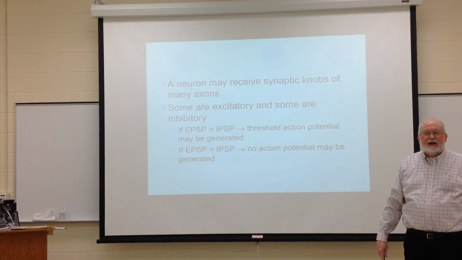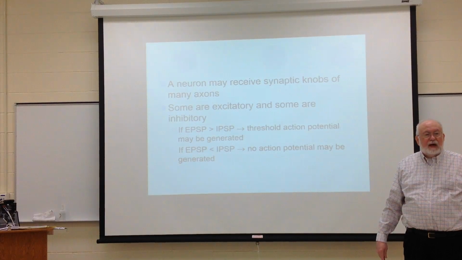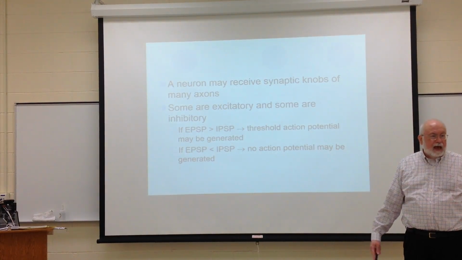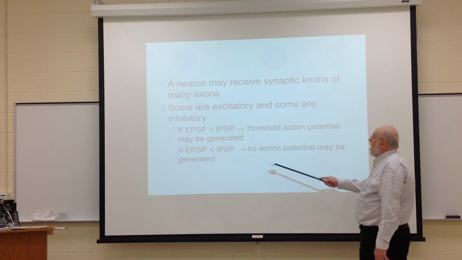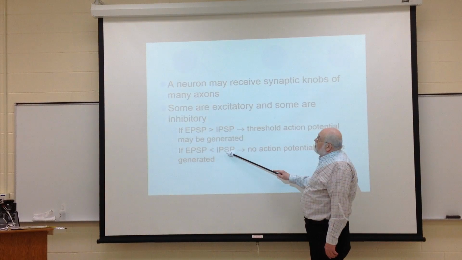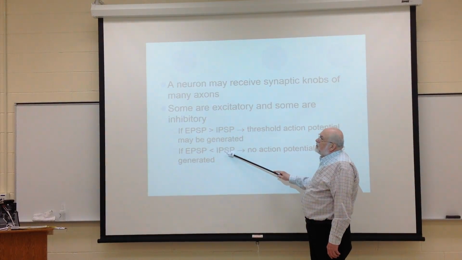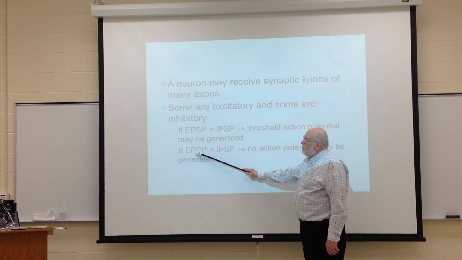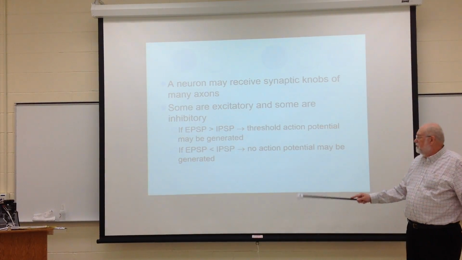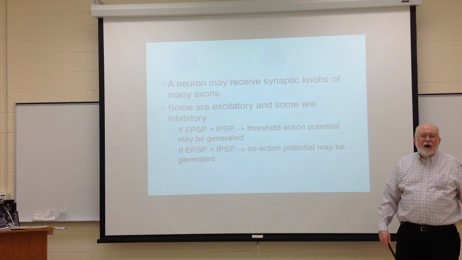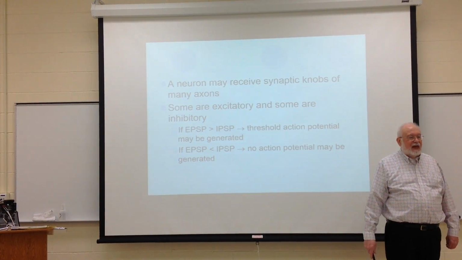You generate an action potential in the postsynaptic neuron, and an impulse is generated and propagated and conducted. What if, however, there are more inhibitory signals arriving than excitatory ones? No action potential, and nothing happens.